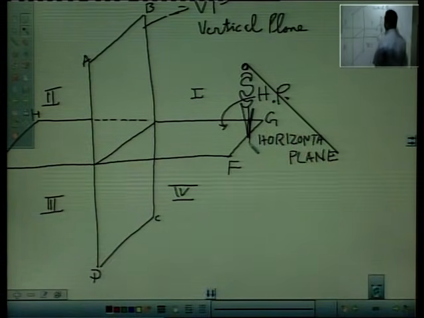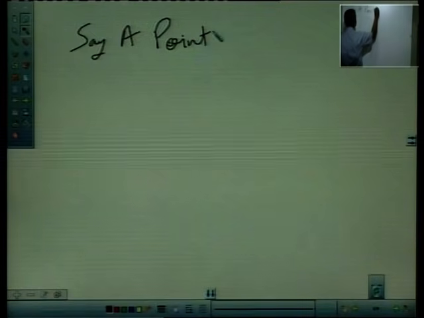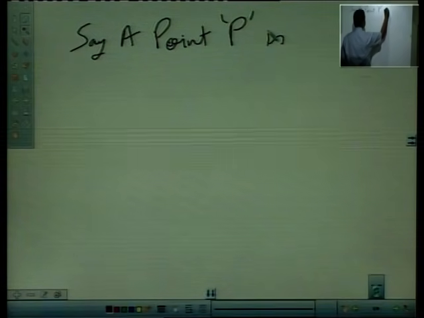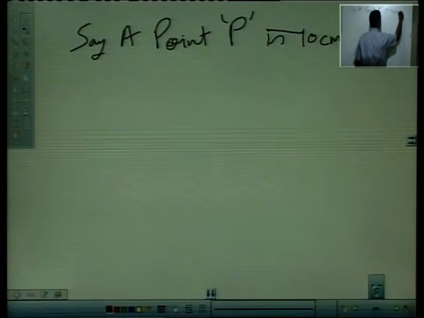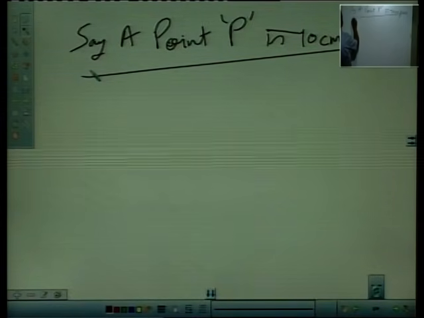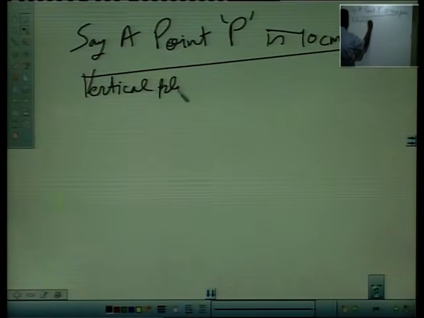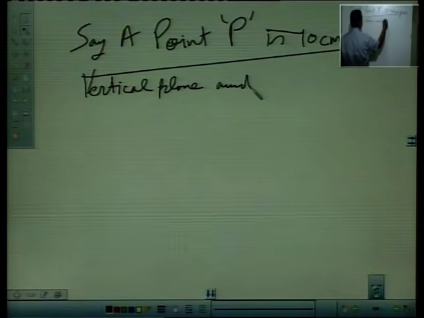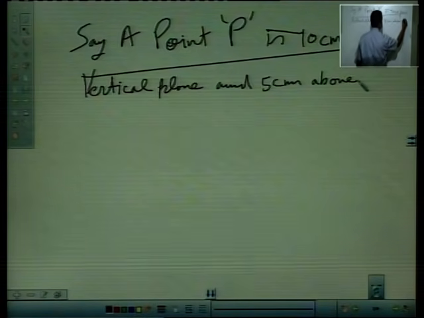So let's take up an example. Say a point P is 10 centimeter from vertical plane and 5 centimeter above horizontal plane.